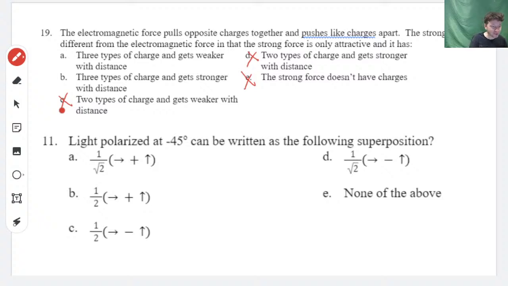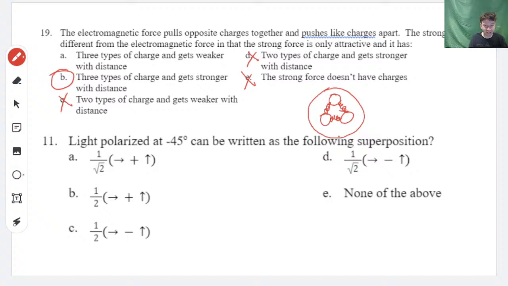So a lot of the times when you draw a proton, you probably see it drawn with springs, because a spring is a good way to visualize it, because the more you pull apart springs, the stronger they pull back together. So we got 3 types of charge and it gets stronger with distance. Okay, our answer is B.